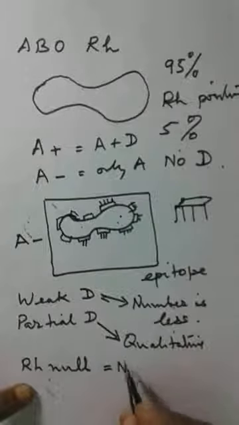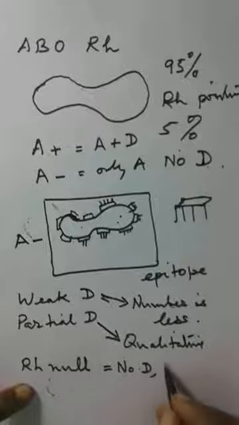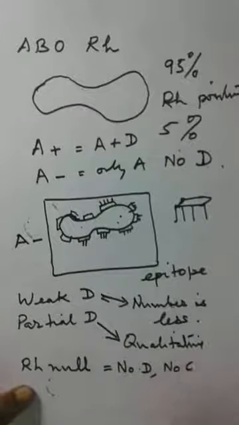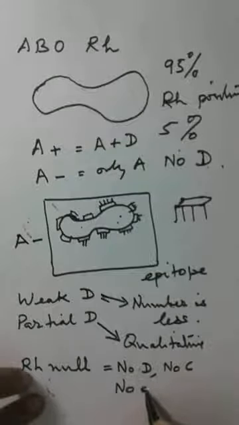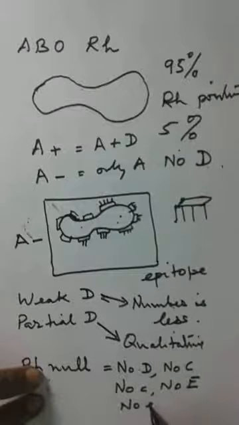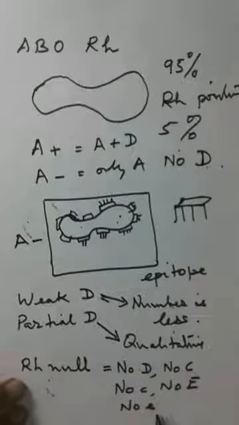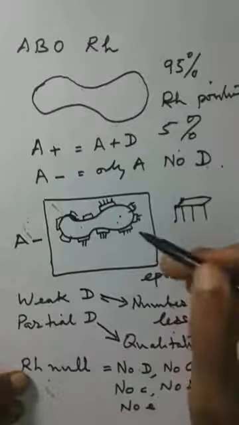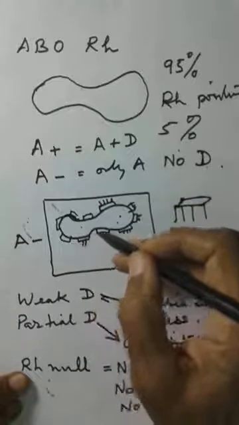So no D, no C, no small c, and no E, no small e. None of the RHs is available. Nothing at all. This is RH free surface. No RH at all.